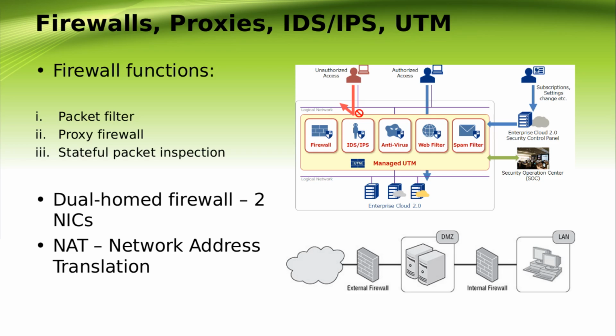A filter should be located in line along any communication path where control of data communication is necessary. Keep in mind that filters cannot inspect encrypted traffic, so filtering of such traffic must be done just before encryption or just after decryption.